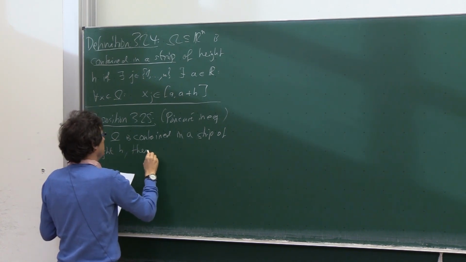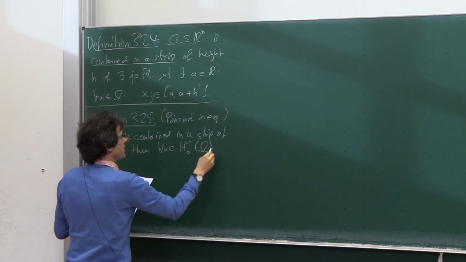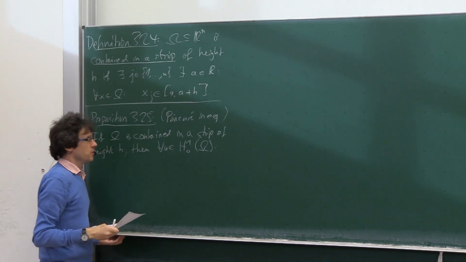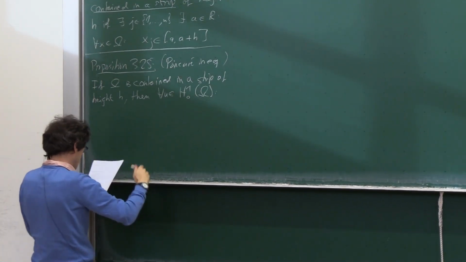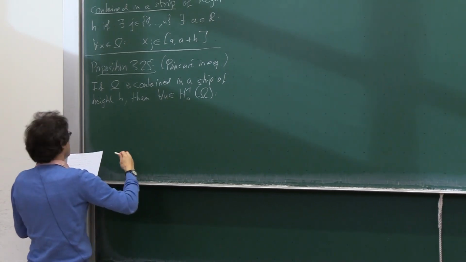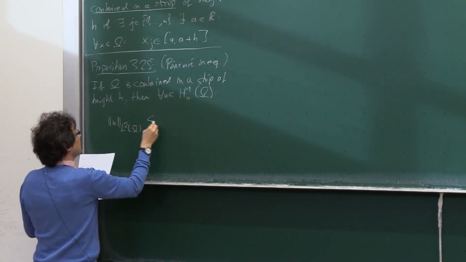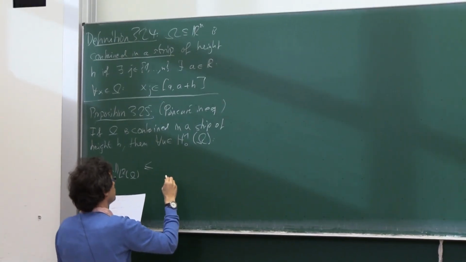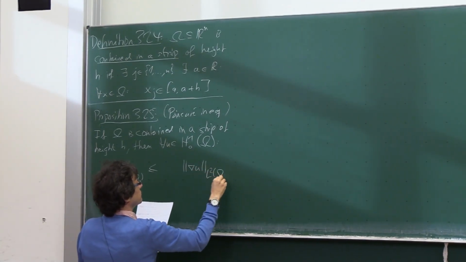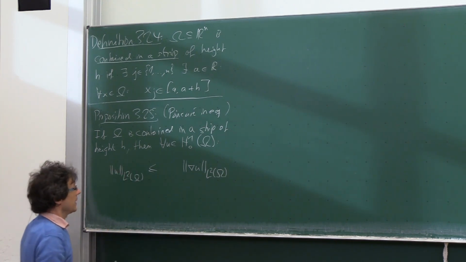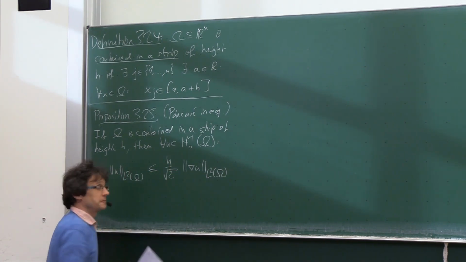Then for all u in H10 of omega, the H1 functions that can be approximated by C_c infinity functions, you get the following estimate. The L2 norm of u can be controlled by the L2 norm of the derivative of u, with a constant in front, h over square root of 2.